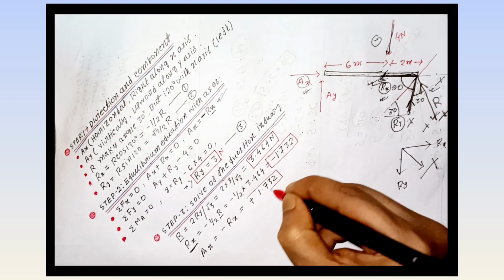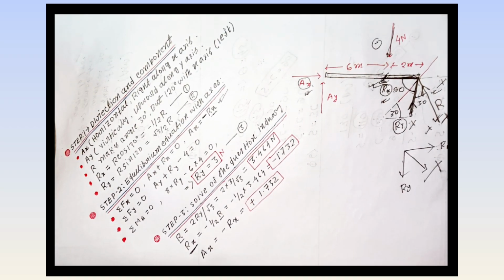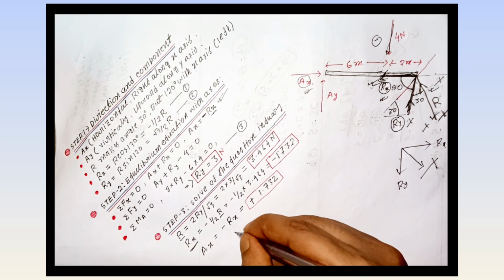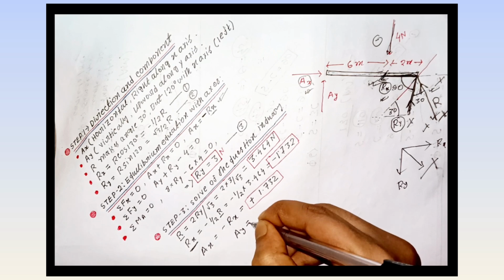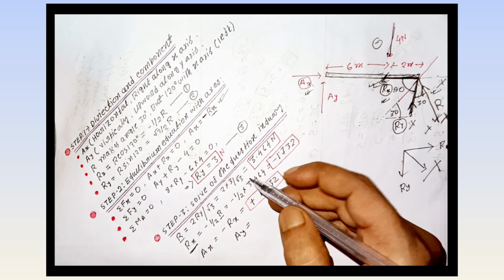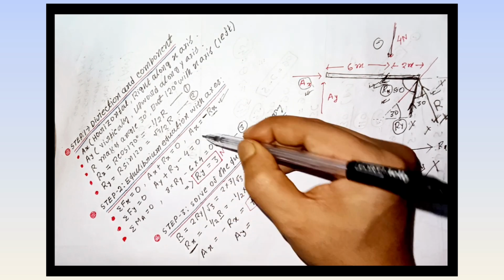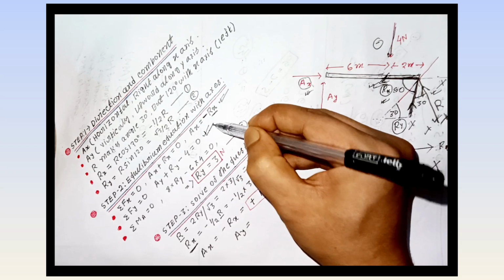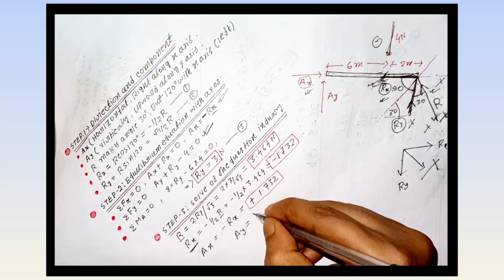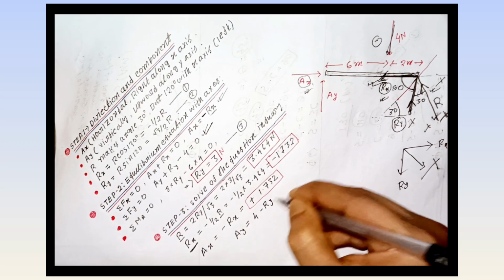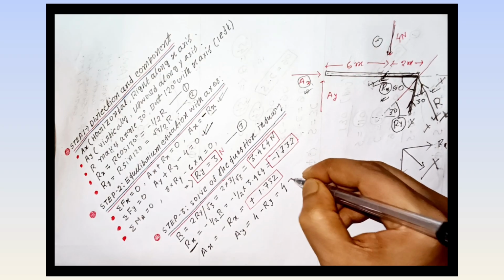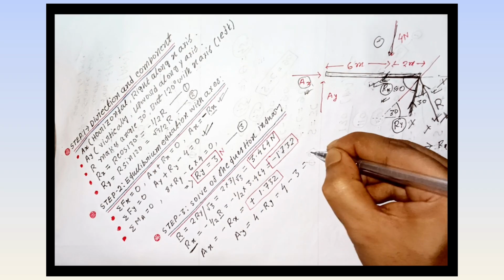Now we have to find the value of Ay, which is upward. From which equation? This one: Ay plus Ry minus 4 equals 0. Then Ay equals 4 minus Ry, that is 4 minus 3, which is 1 Newton.